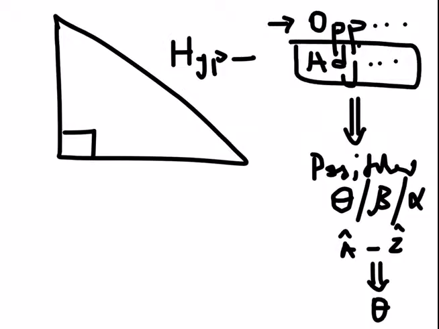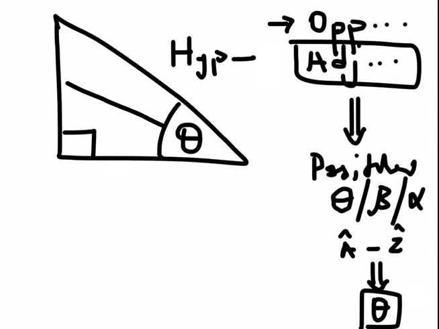How are you going to know if the side is opposite? You need to know where this angle is in that triangle. So if I put that angle theta there, which side is opposite that angle theta? Definitely it is this side. That's how you know that this is the opposite side, and then the remaining side will be adjacent. It is as easy as that. But look at this.